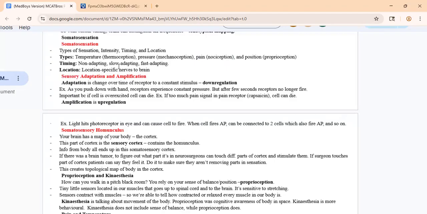You don't hear as much. And that's basically what adaptation is. Your body will change over time and adapt. And when you constantly have that same stimulus, it's going to be down regulation, while an increase of that stimulus is going to be up regulation.